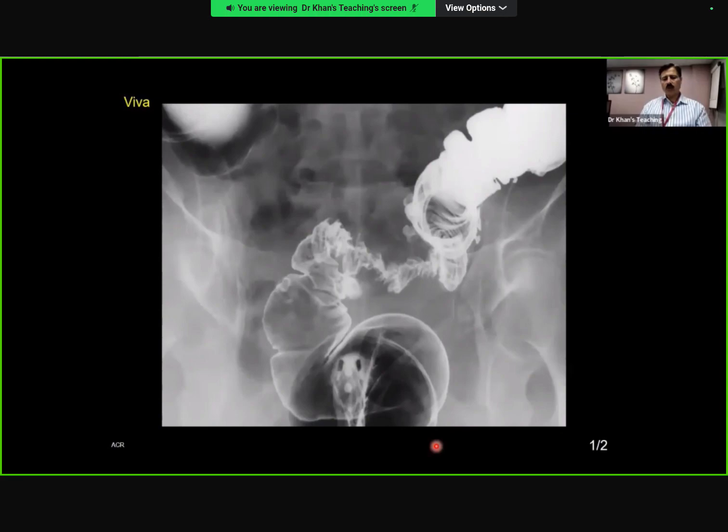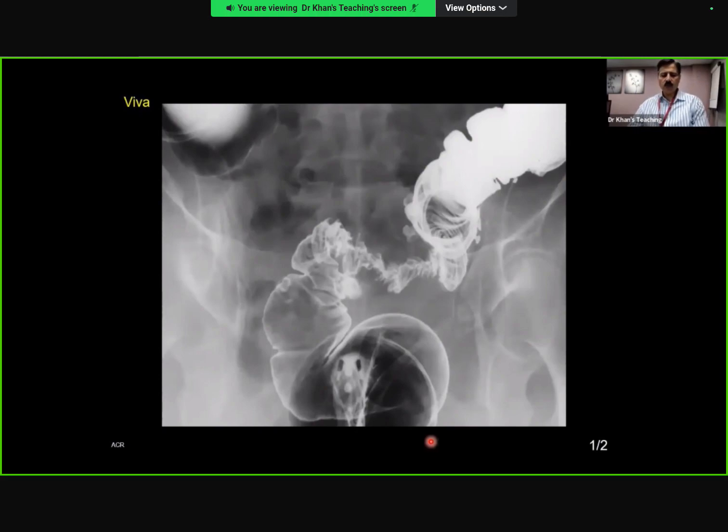Those of you who are logged in from overseas, please remember that diverticular disease is one of the most common diseases in the UK. And in parts of Asia, for example the subcontinent, you don't see diverticular disease the way you see it here.